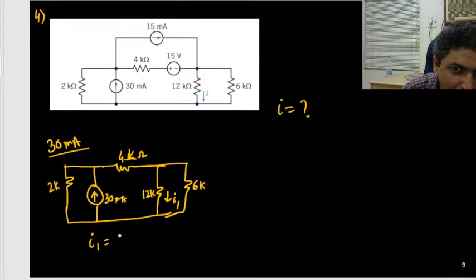I am just waiting for your response. Please share your answer. Can you find I1, the current through the 12 kilo ohm resistance, for this circuit when only the 30 milliampere current source is acting alone, and we have removed the 15 milliampere current source by open circuit, and the 15 volt source by short circuit.